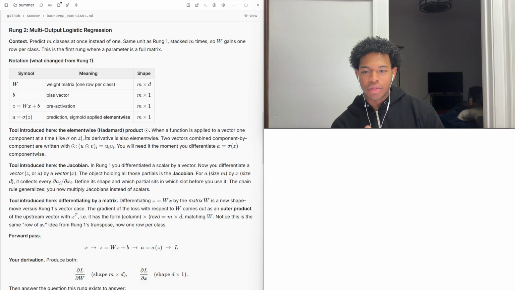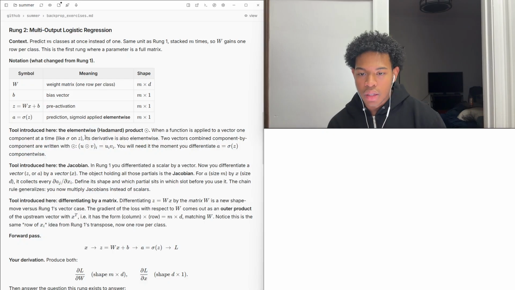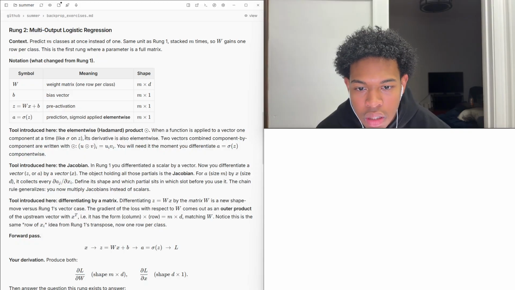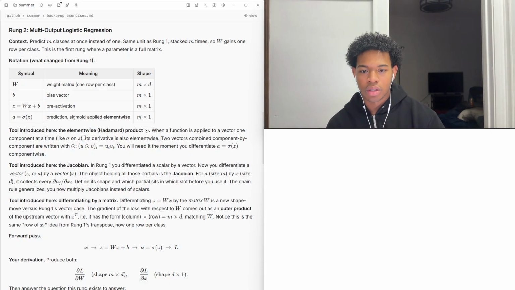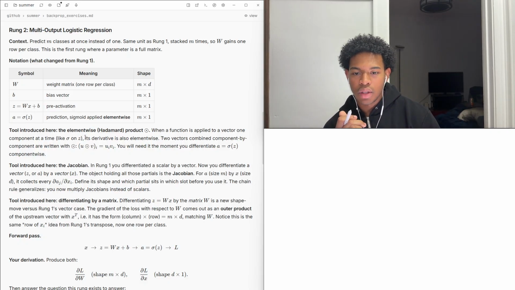When a function is applied to a vector one component at a time, like sigmoid is on Z, its derivative is also element-wise. Two vectors combined component by component are written with the Hadamard symbol: u Hadamard v equals u_i v_i.